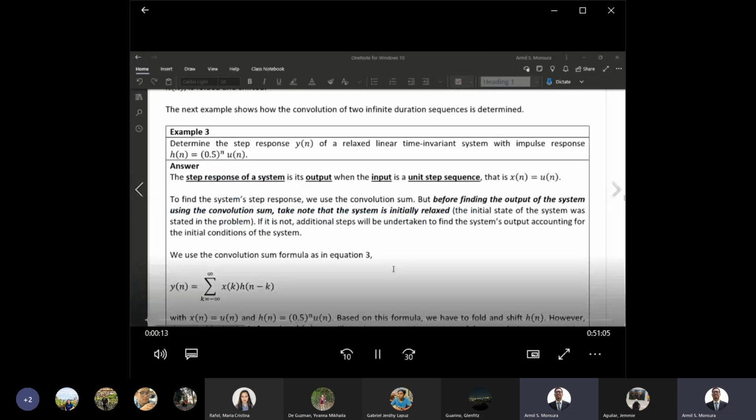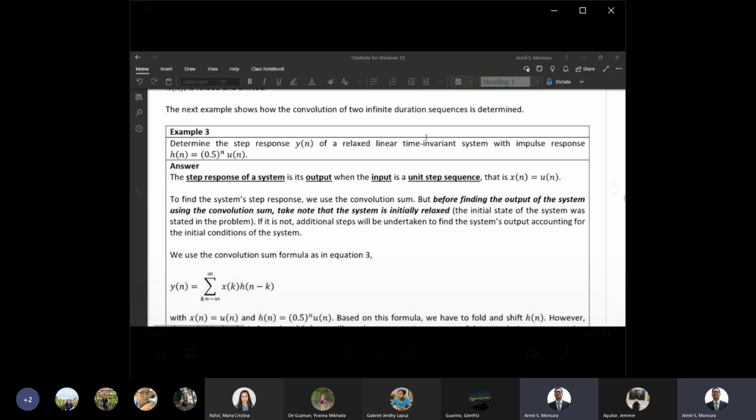Okay, and at this point, we will work on an example 3. So again, we recall that on example 2, we have found the convolution sum of two finite duration sequences.